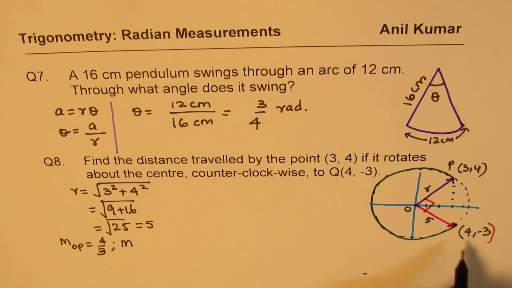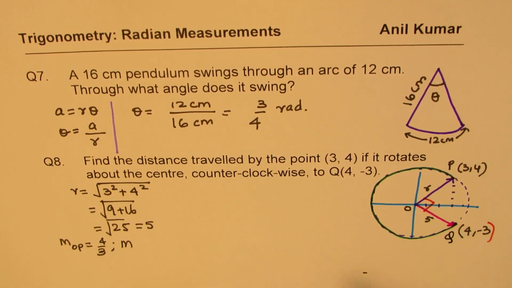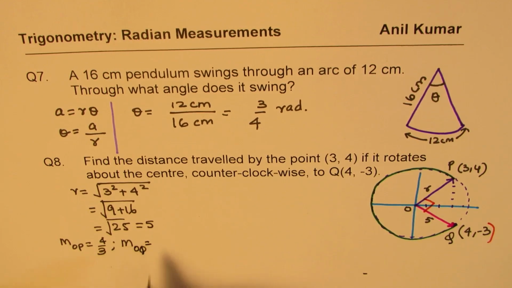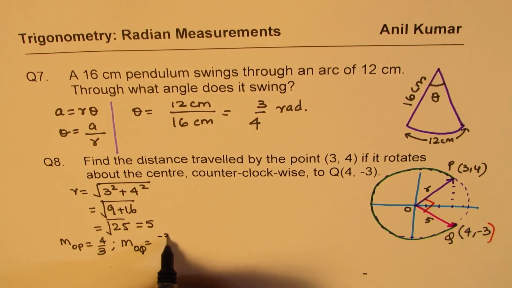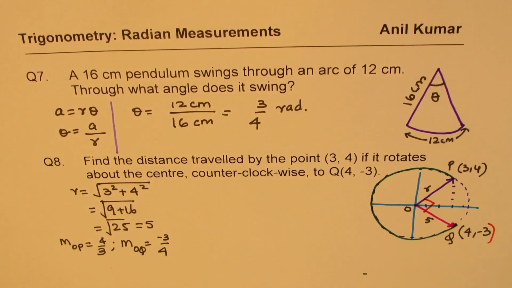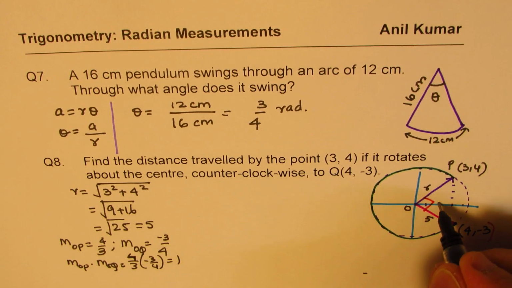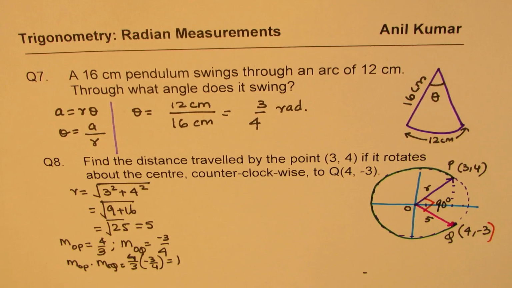And the slope from O to Q is what? Minus 3 over 4, right? And what is the product of these two slopes? Which is 4 over 3 times minus 3 over 4, that is minus 1. So that gives you an idea that this angle is 90 degrees. You get the idea, right?